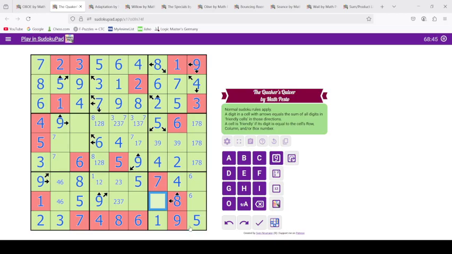We have 3 to go and 2, 6. This is not a 3. This is a 4, 6, 6, 2, 1, 3. This is a 2, 7 pair. It can't be a 2, so it is a 7. That's a 2. That's a 7. 1, 3.